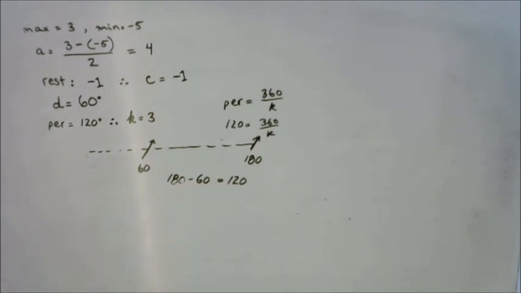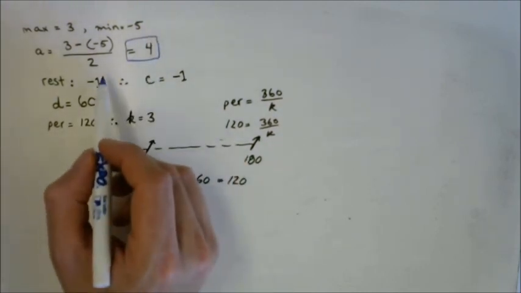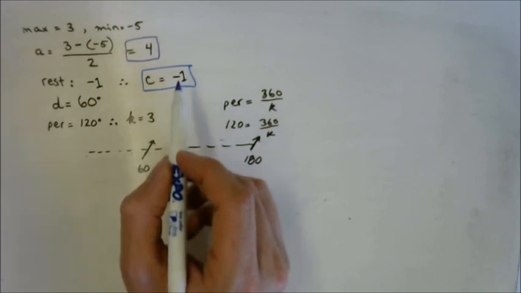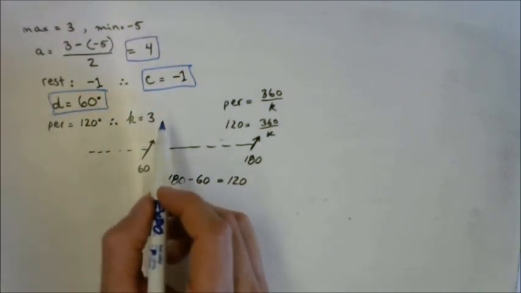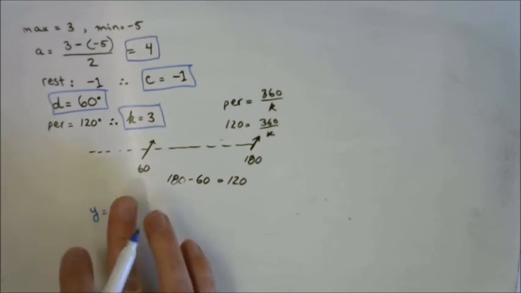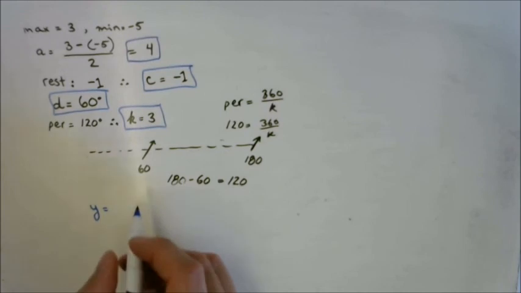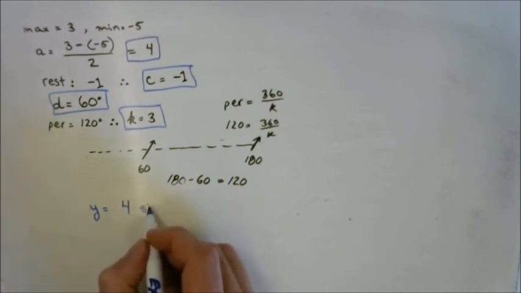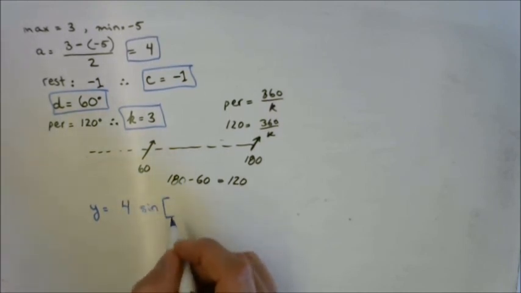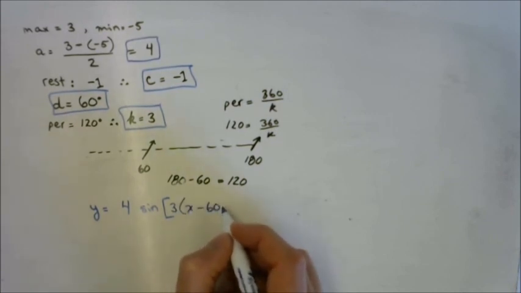We have all our information. We've got amplitude. We've got C. We've got D. And we've got K. And we used a sine function. So let's call this thing Y. Y equals 4 times the sine, square bracket, 3, x minus 60.